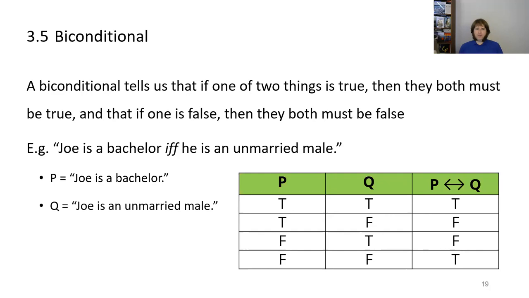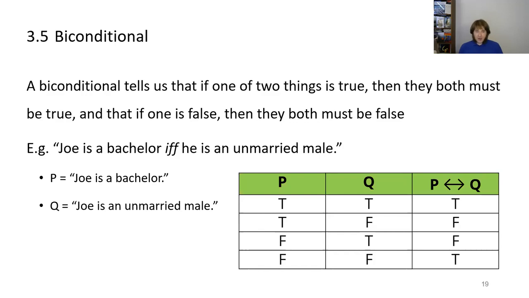The fourth row, right? Joe isn't a bachelor, but he also isn't an unmarried male. What does that mean? It's false that Joe is a bachelor, and it's true that Joe is married, right? Well, when you think about what it means to be a bachelor, it means to be an unmarried male. So if you have a married male, you don't have a bachelor on your hands.